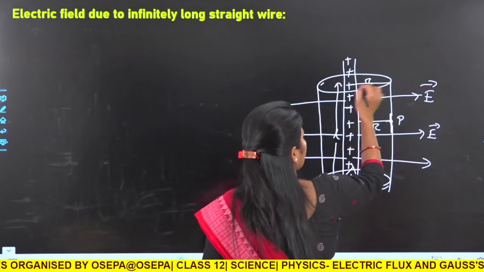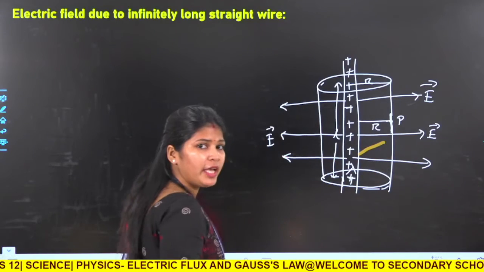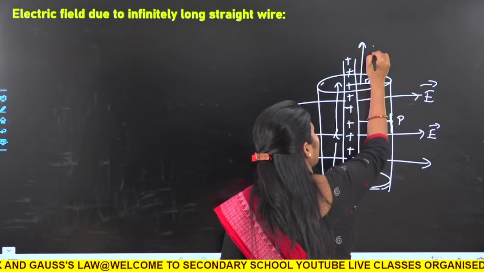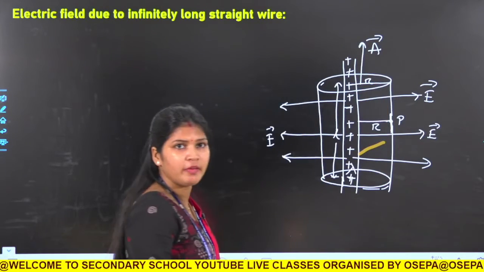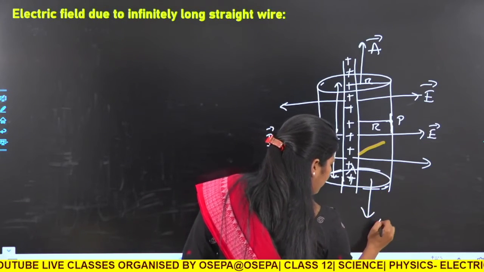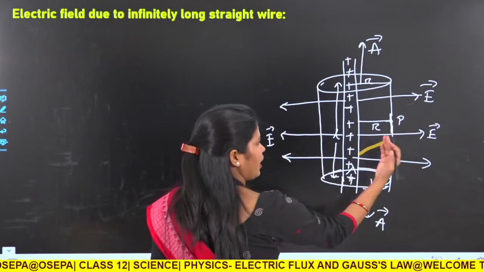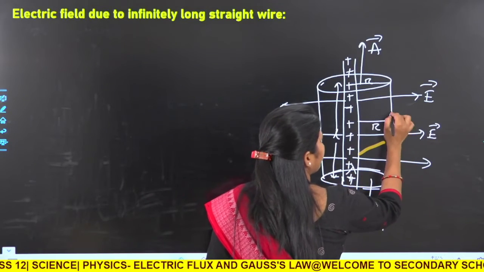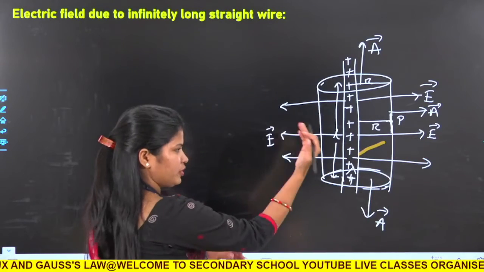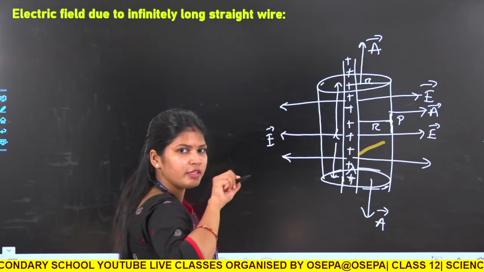The area vector is the outward normal vector on the flat surfaces, isn't it? And for the curved part, the area vector is also the outward normal everywhere.